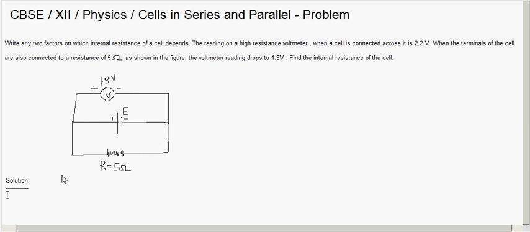The internal resistance of a cell depends on, first one, they have asked two factors. So the first one is the concentration of electrolyte.